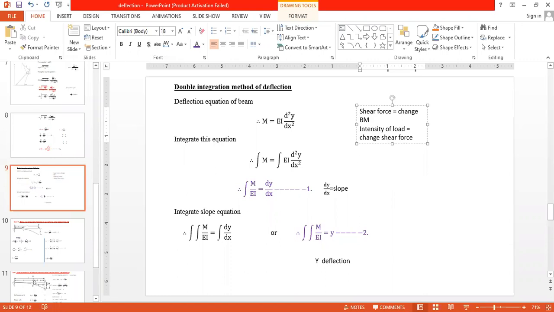That means shear force is equal to dM by dx.